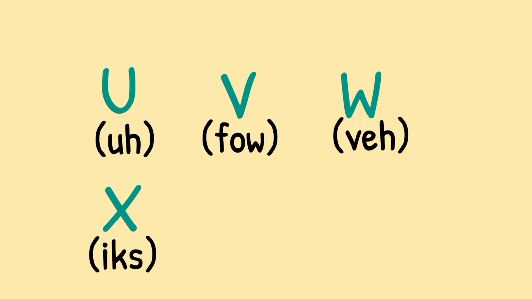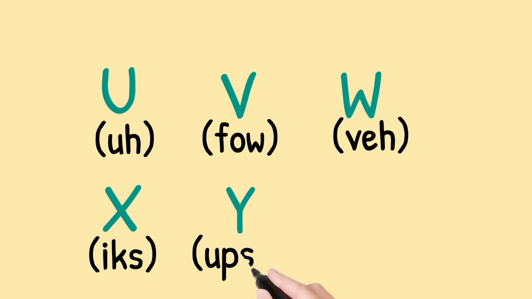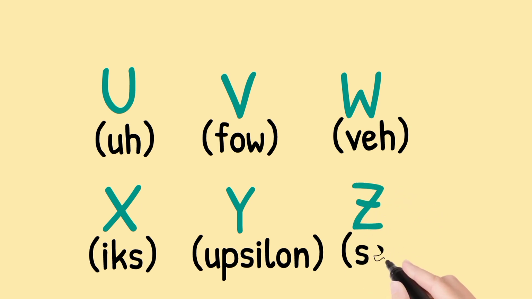Let's learn the second last letter of the German alphabet. It is Y. I have also written it in the spellings line, so you can read it if you cannot speak it. The last letter is Z, set.